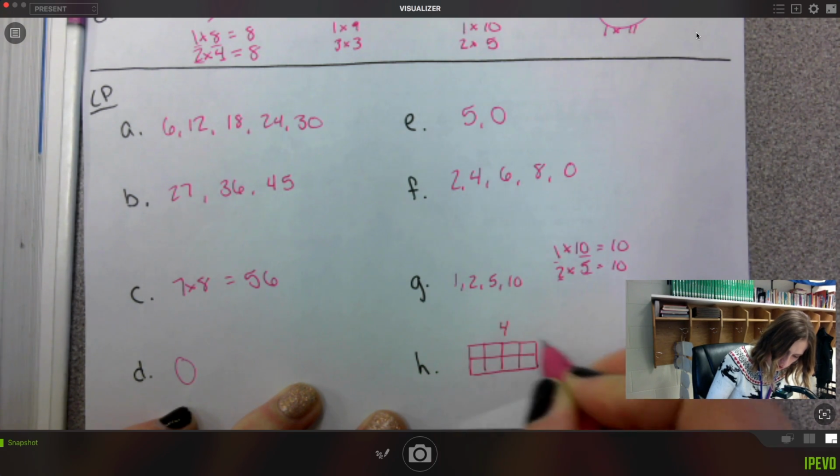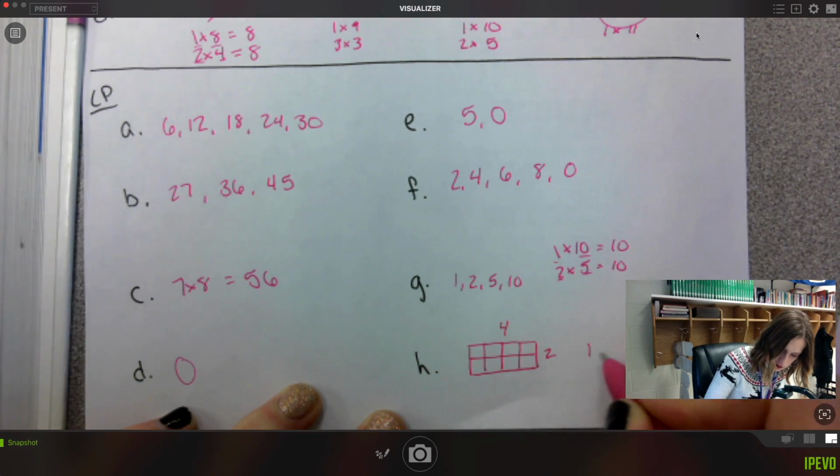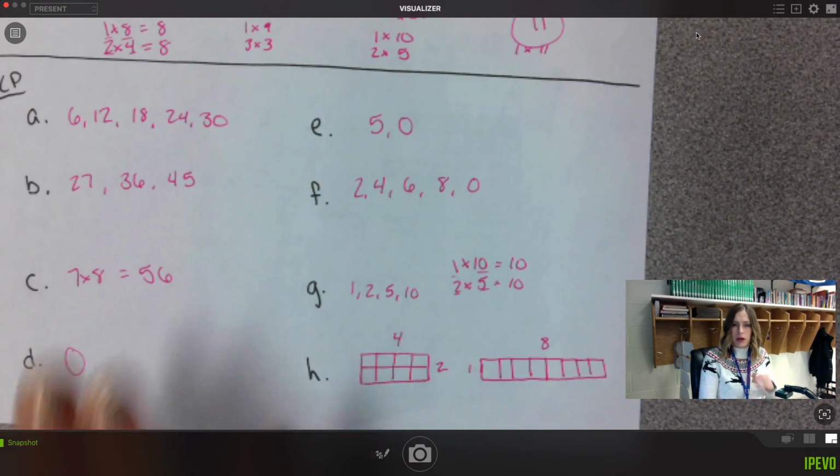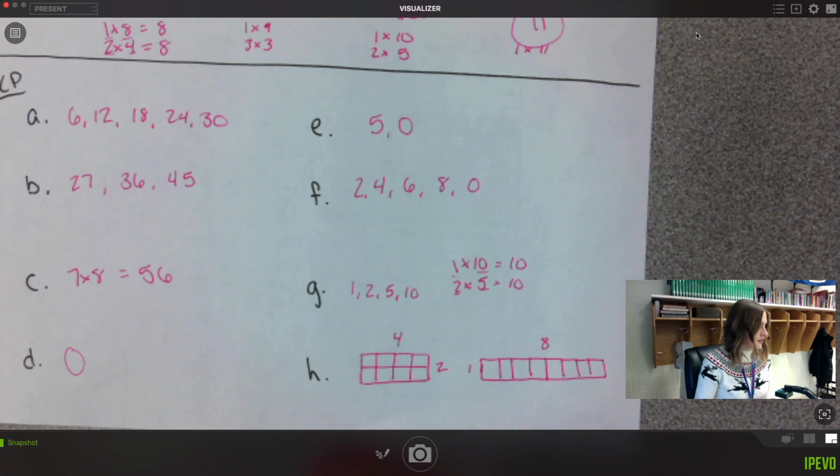Here I can do 4 times 2, that's going to equal 8. I can also do 1 times 8. Oh, I'm sorry, you can't see that. There you go. All right, excellent.